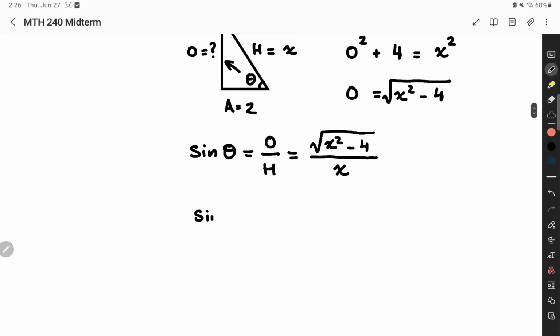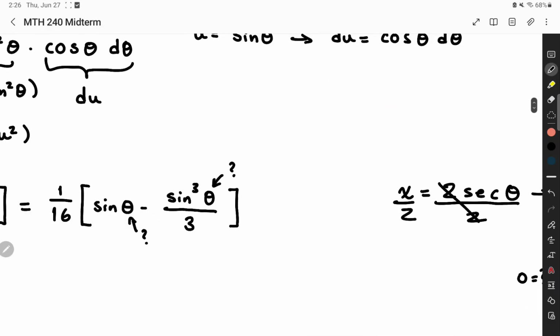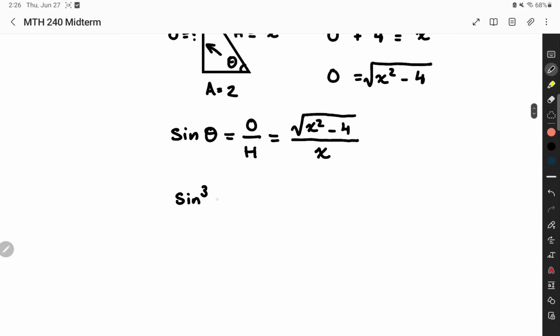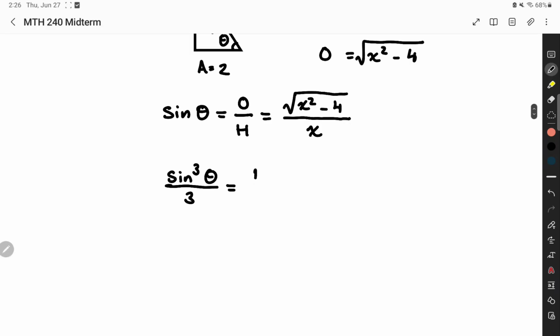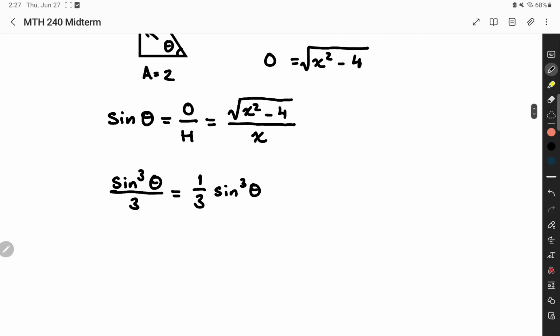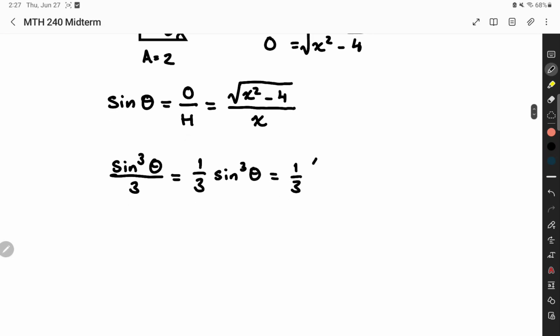Now we also have to find sine cubed theta over 3. Well, we can think of this as 1 over 3 sine cubed theta. And so we can write it as 1 over 3 times the square root of x squared minus 4 over x, to the power of 3, just like that.